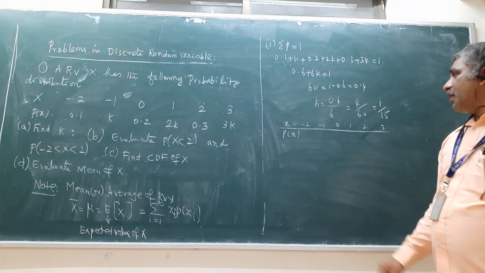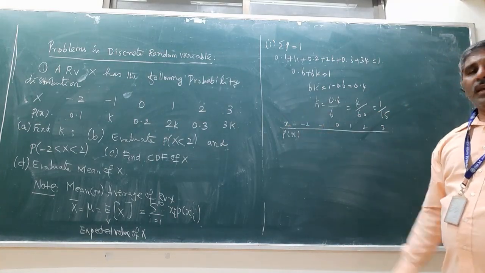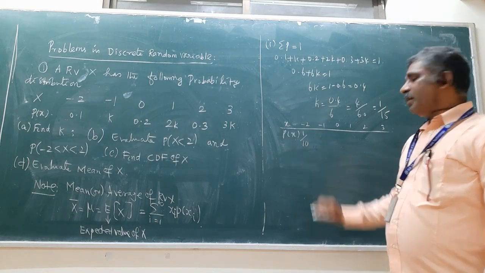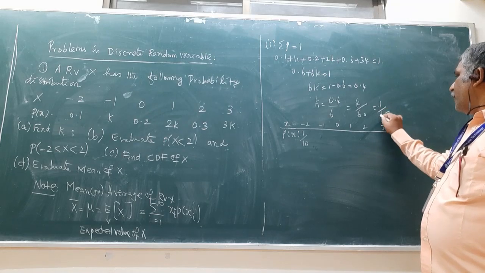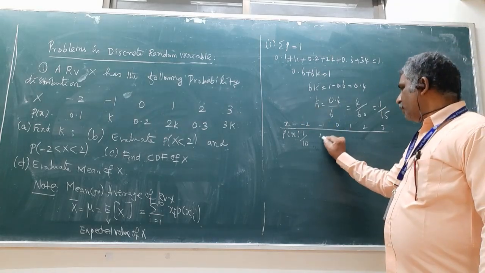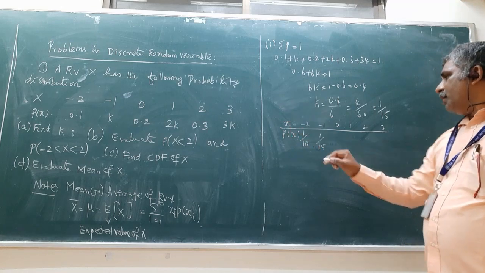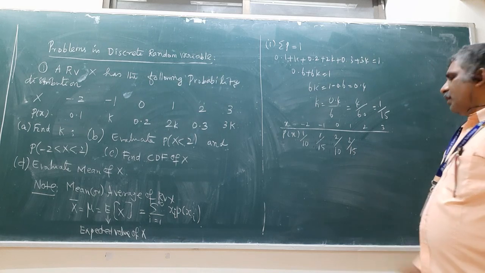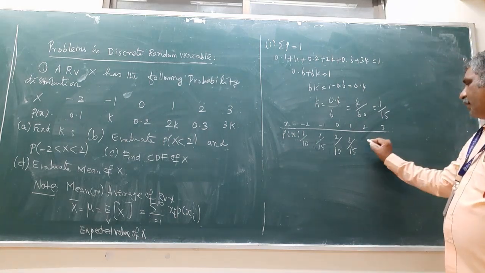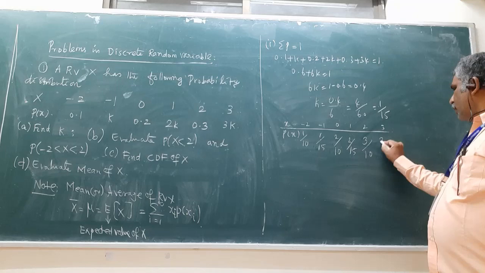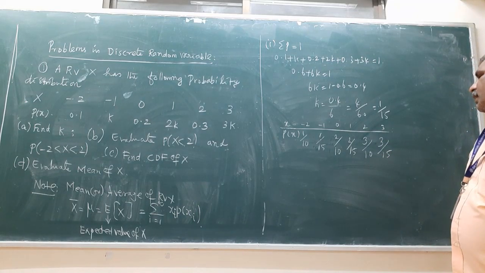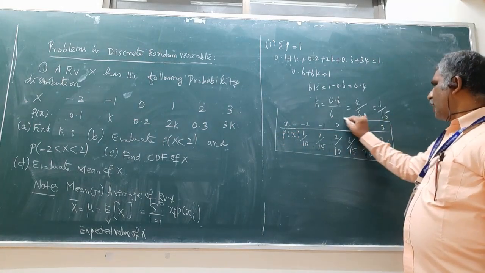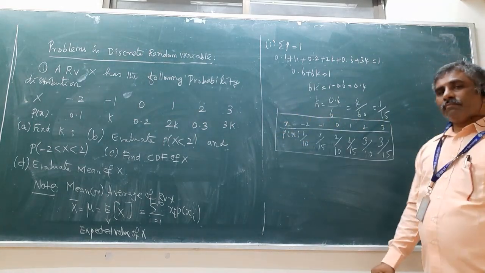Then the p of x values, substituting 1 by 15 for k: 0.1 can be written as 1 by 10, 1 by 15 is k, so k equal to 1 by 15. 0.2 is there: 2 by 10, 2 by 15, 3 by 10, 3 by 15. This is the updated probability distribution after finding the k value.